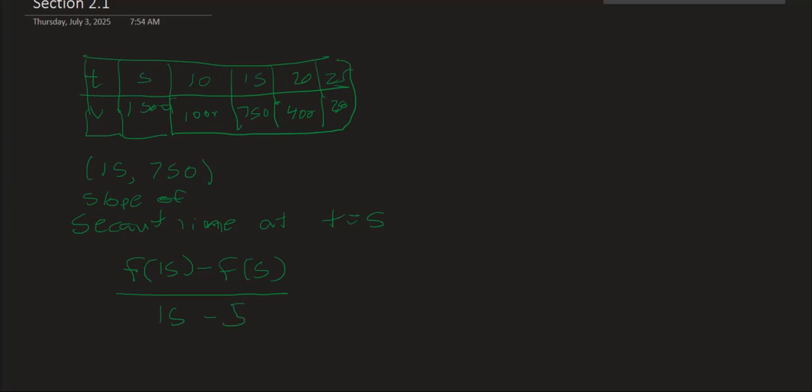The 15 came from right here, and the 5 came from right here. f of 15 is this number, 750. f of 5 is this number, 1,500. And 15 minus 5 is 10. So I believe that is negative 600 over 10, which I believe is negative 60.